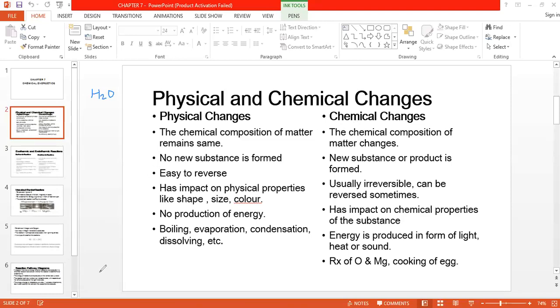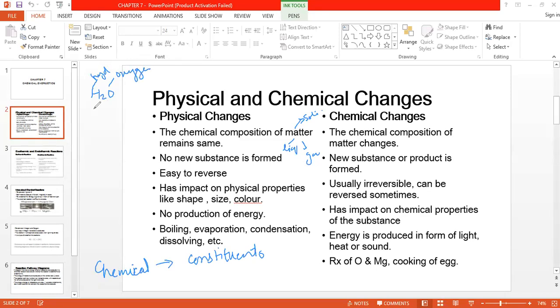Chemical composition is basically the constituents that make up any matter. Matter can be a liquid, a gas, or a solid. So the constituents that make up a matter, for example in the case of water, it's hydrogen and oxygen that make up the water.